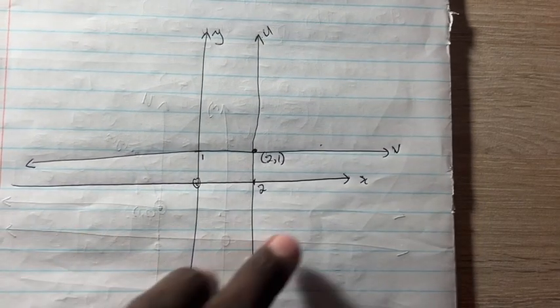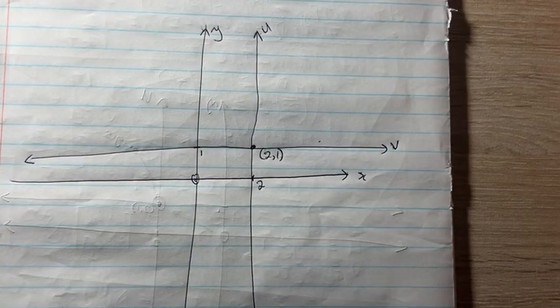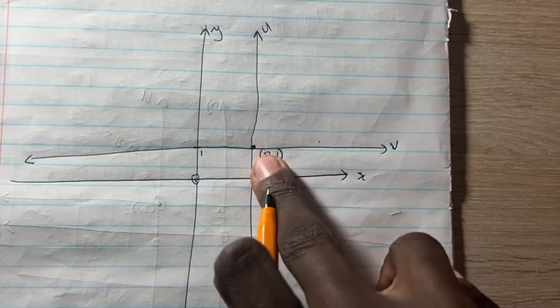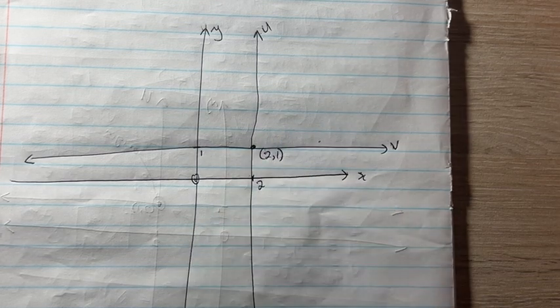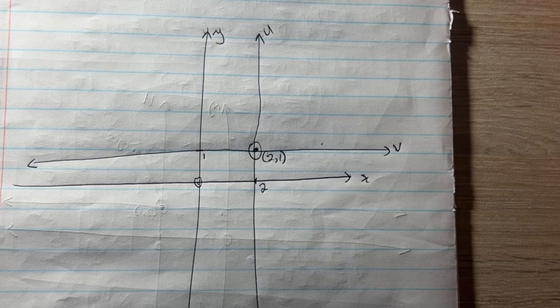The question just said we should sketch the new u and v axes, and we should find the new origin, which is going to be the center, 2 and 1. And then the intercepts on the u and v axes. Now we are sketching the graph. We need to find the intercepts of the graph with the u and v axes.